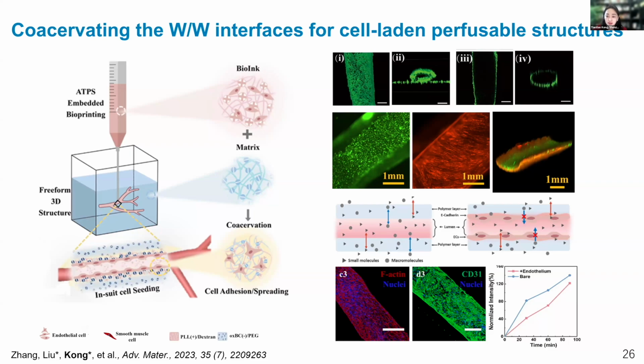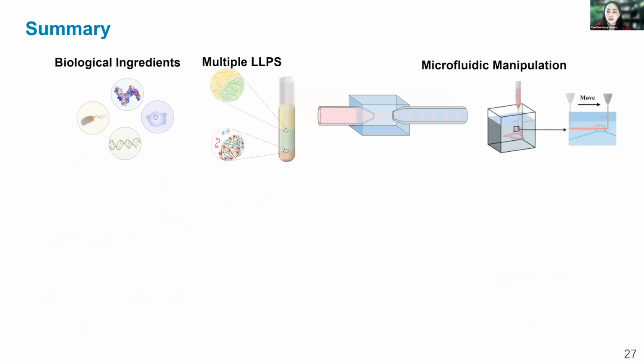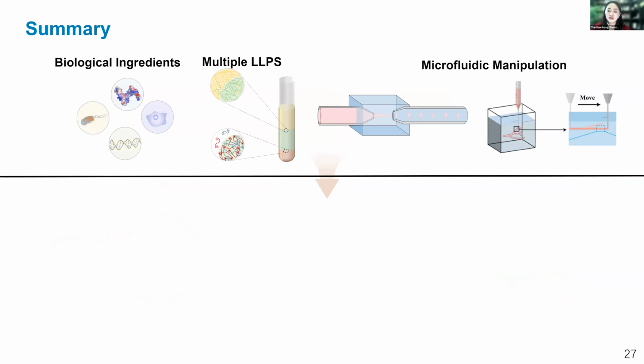I think because these free-form printed networks are suspended in liquid medium rather than embedded in a gel, they can be handled as independent tissue constructs. This is very useful for thick vascularized tissues and other biomedical applications. So to summarize, we use biological ingredients such as proteins, nucleic acids, and cells combined with multiple liquid phase separation systems and microfluidic manipulation, and we can achieve organized compartmentalization and function.